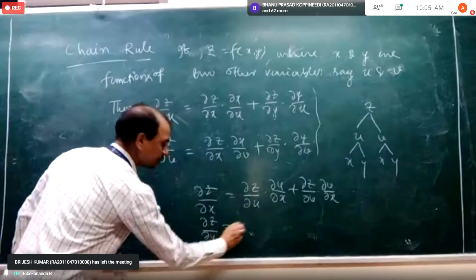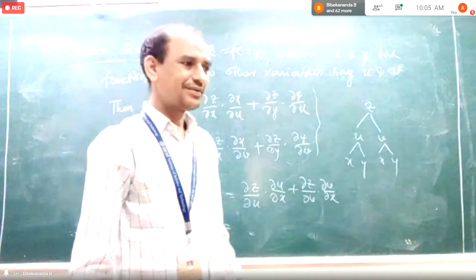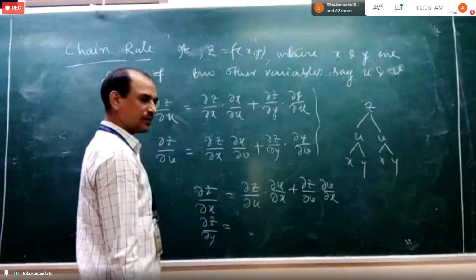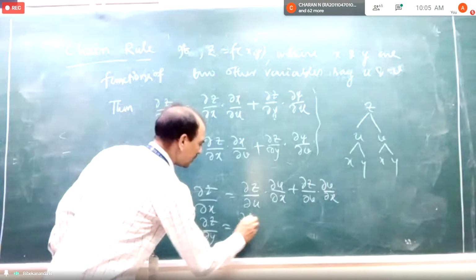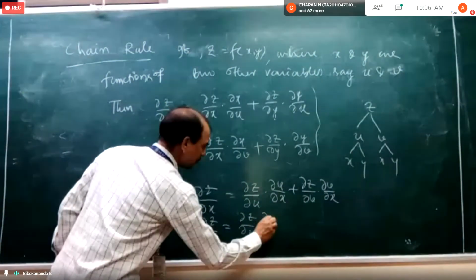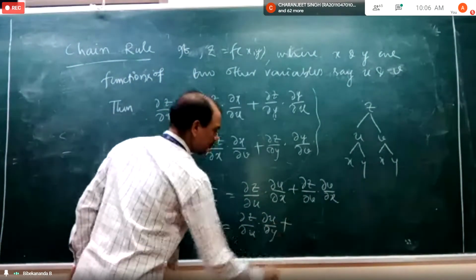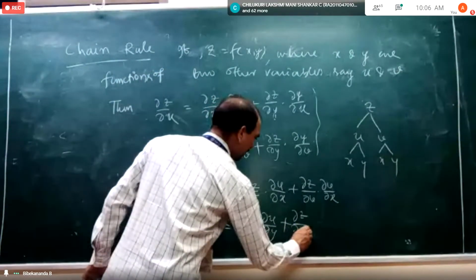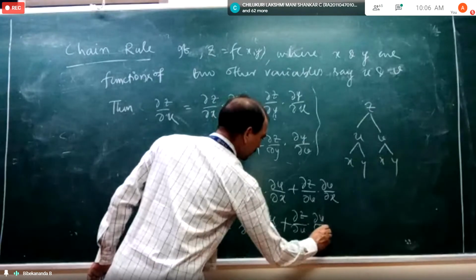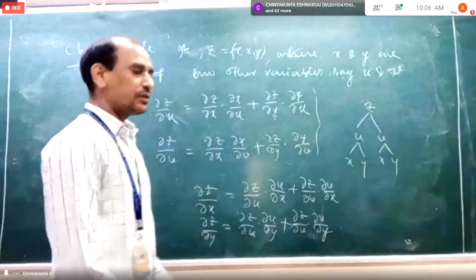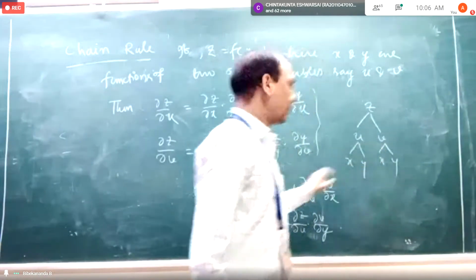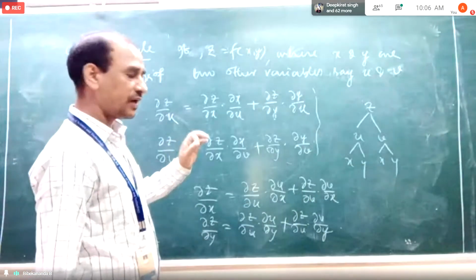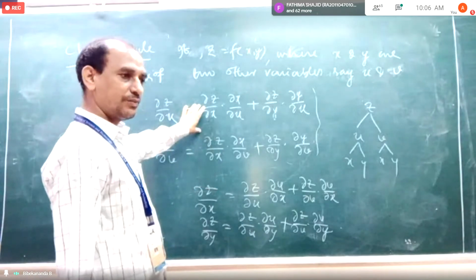Can you tell me? ∂z/∂u into ∂u/∂y plus ∂z/∂v into ∂v/∂y. Okay. So depending upon the relation, you can have the chain rule.